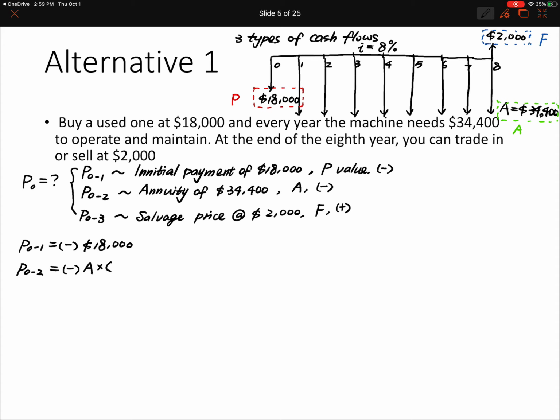So the equation you're going to use is A times a factor, which is to find P given A, given I, given N. And negative, the A is 34,400. The factor is P given A. I is 8%. N is what? Is 8. Because you have this annuity for 8 years, right?